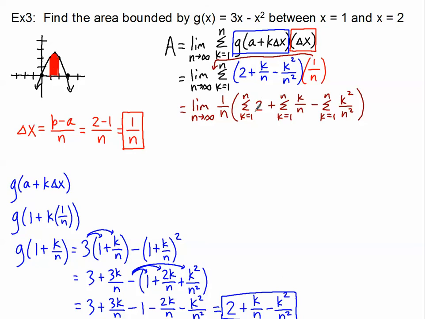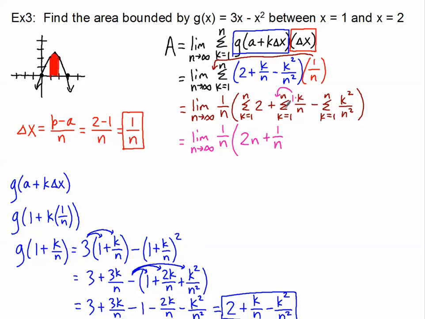Next, I know what this is equal to. I need to pull the constant out of this individual sigma, and I need to pull the constant out of this individual sigma. So let's try and do much of that in this one step. So the limit as n approaches infinity, and I've got my 1 over n. This is equal to 2n using our summation formulas. The 1 over n I'm going to pull right outside here.